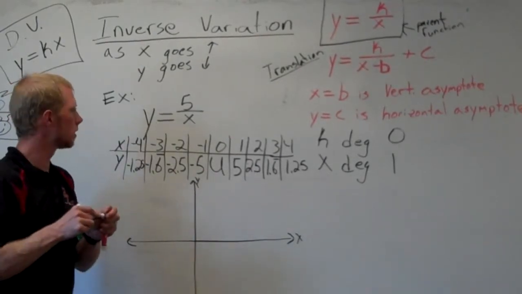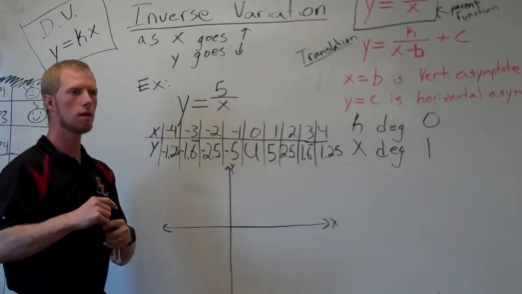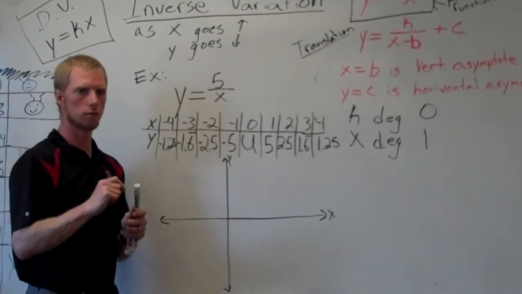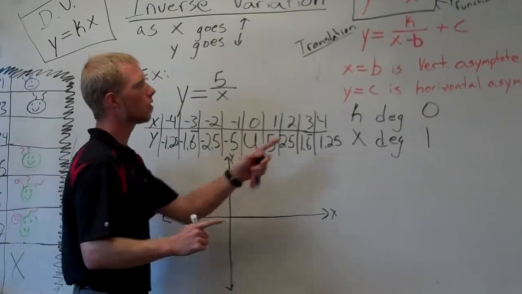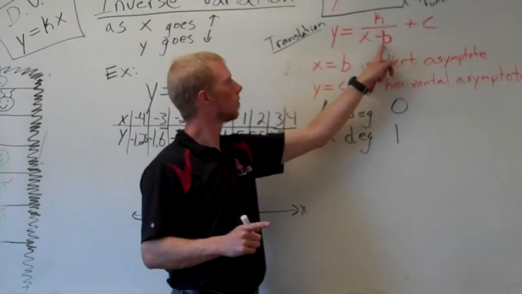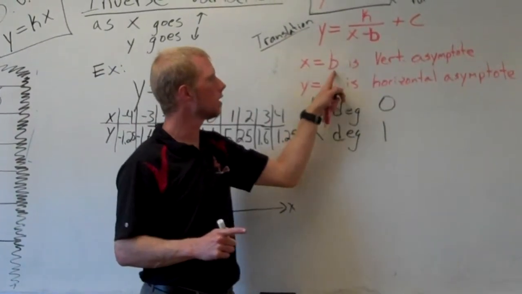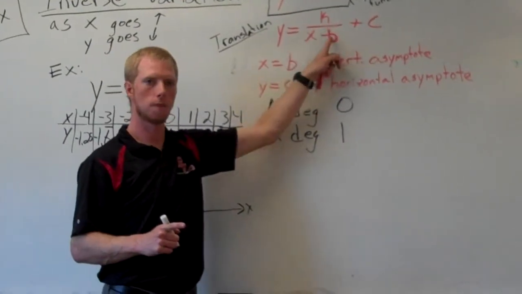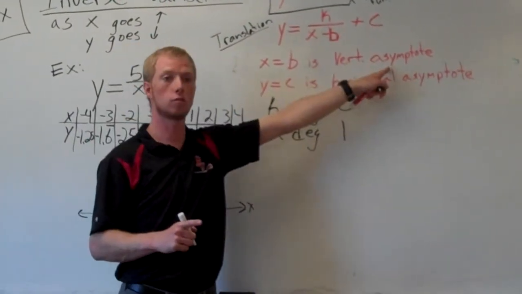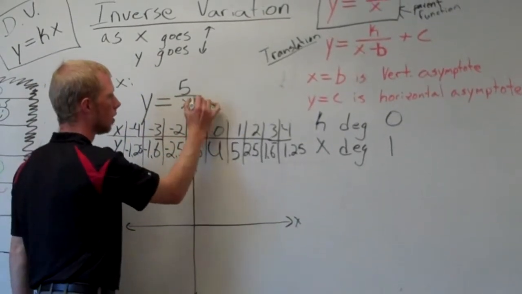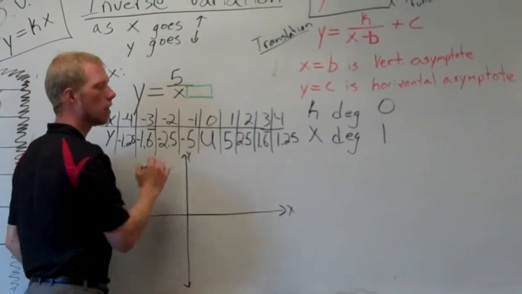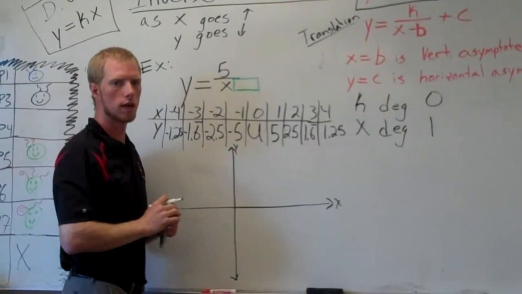Before I plot my points though, I can put in my vertical asymptote and my horizontal asymptote. If I look at the translation up here, I notice that x equals the value of b will be the vertical asymptote. In this particular case, what is the only number that I'm adding underneath the division sign?